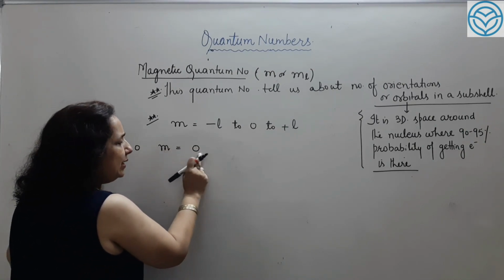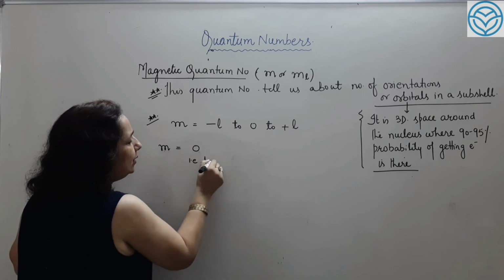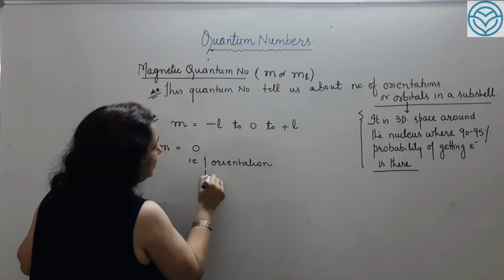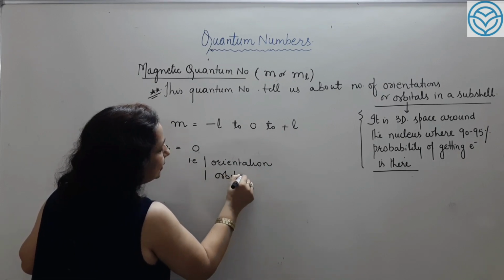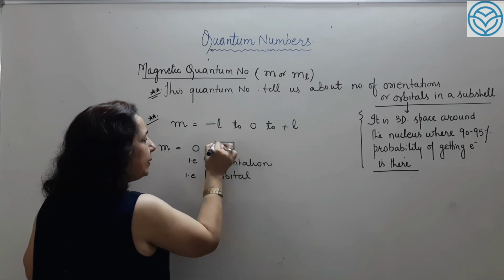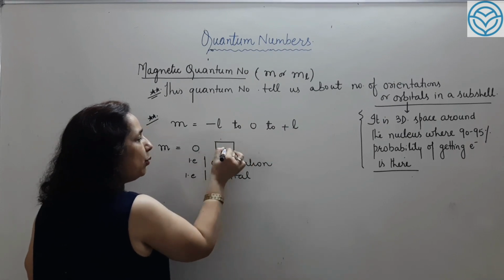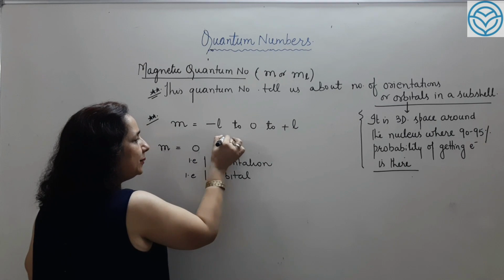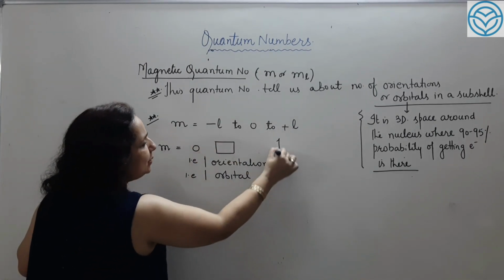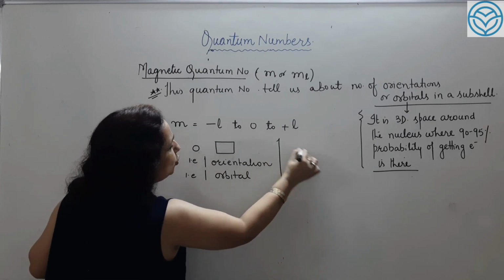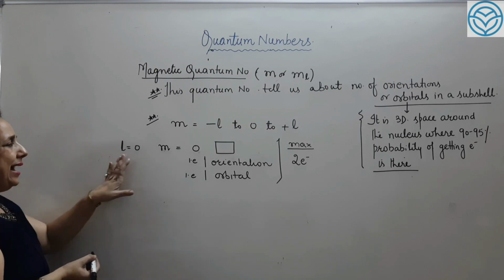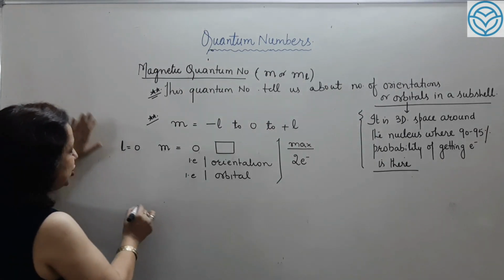When there is only one number, that means one orientation, or we can say one orbital, which is numbered as 0. So you have one orientation which you have numbered 0, bed 0. Now in that one orientation, the maximum number of electrons can be 2 electrons. So a maximum of 2 electrons can be there in L0, that is the S subshell.